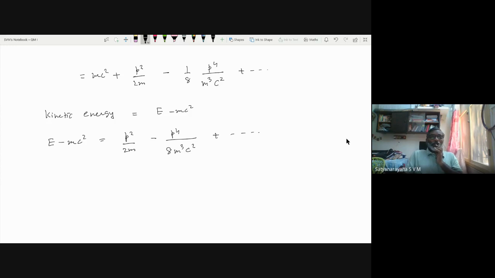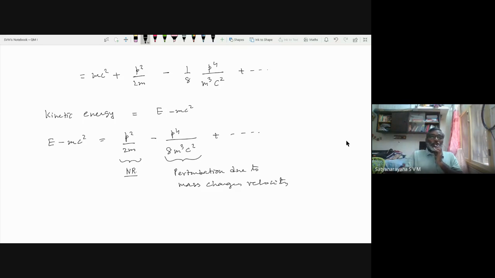Okay, so we already have this term, the non-relativistic term, and this is the relativistic correction. This is also called the perturbation due to mass changing with velocity. That's the relativistic effect, right? Mass changing with velocity.